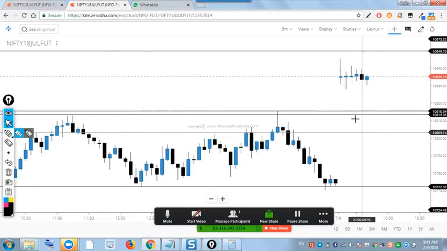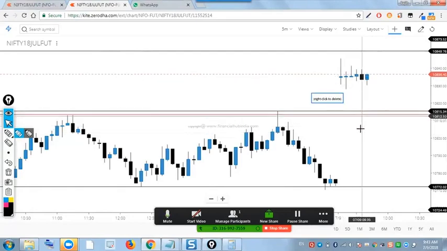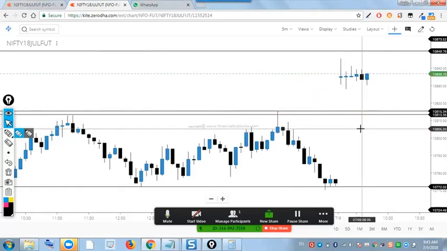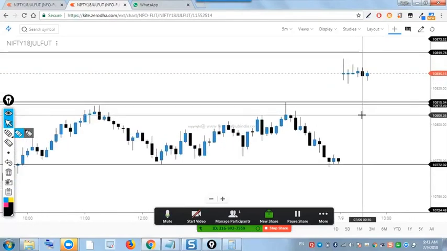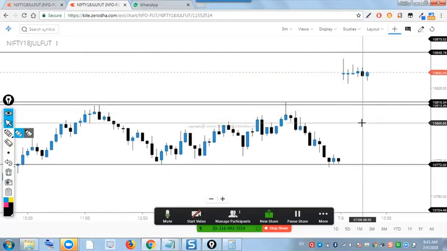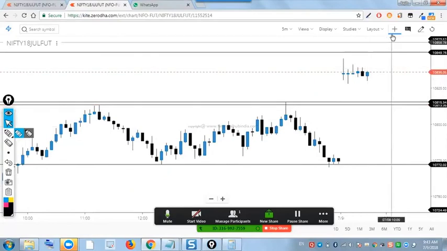It's good enough for a minor false break to handle here. 10,803, yeah. So you can go for 10,803 or 10,804. Both are okay enough to place a stop loss based on the minor false break.